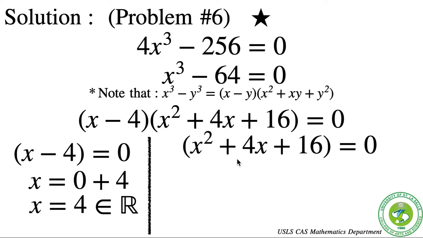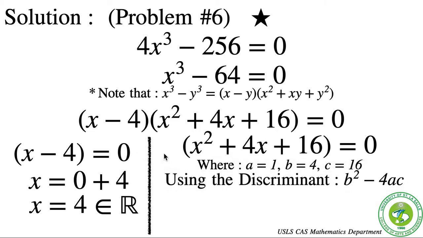In particular, we're going to use the discriminant, b squared minus 4ac. Notice a, b, c are the coefficients. So a, the coefficient, is 1, b, the coefficient of the middle term, is 4, and c is our constant term, 16. The discriminant will tell us the nature of our roots.